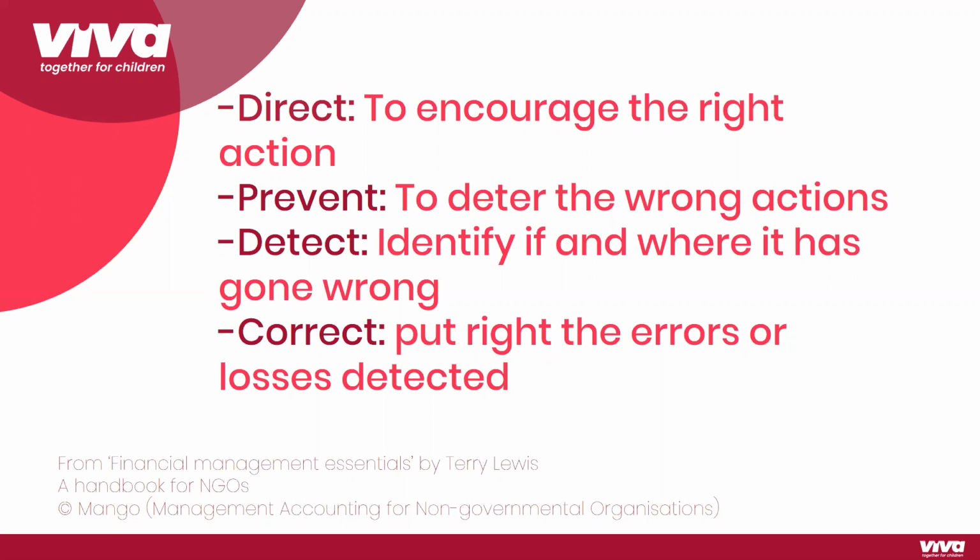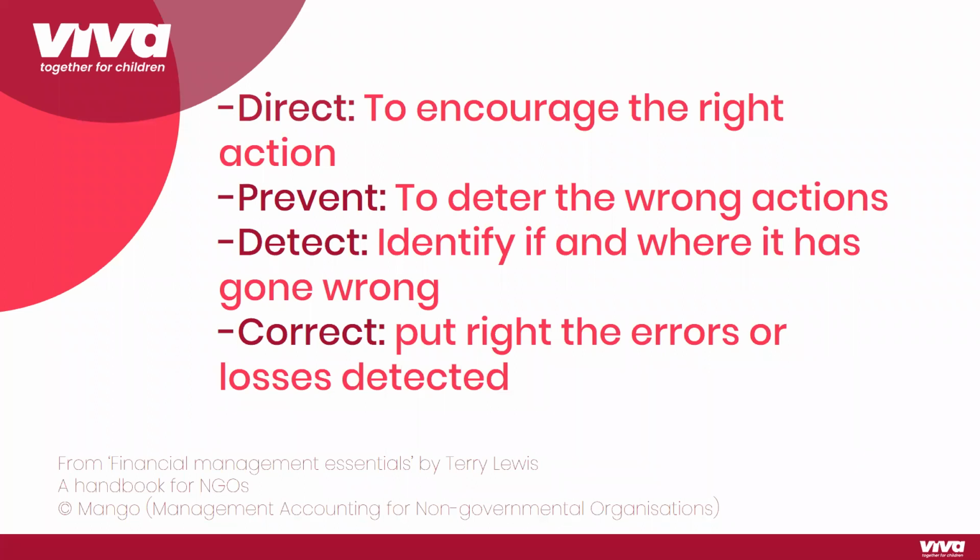And then in terms of detecting and correcting, that would be identifying if and where it has gone wrong and putting right the errors or loss detected. So part of that would be making sure that the records are checked regularly, reconciled, and if there are errors in place, that you would know how to put them right, and also how to then prevent them happening again in the future.